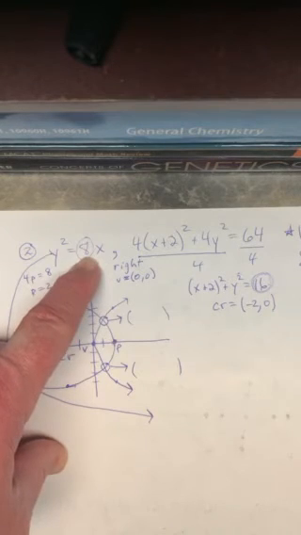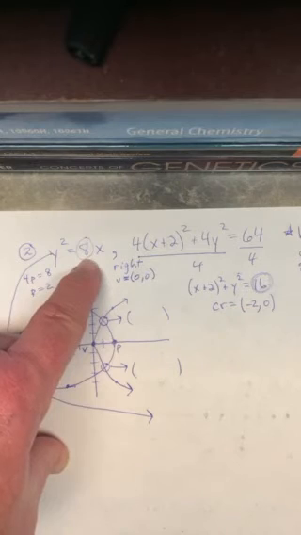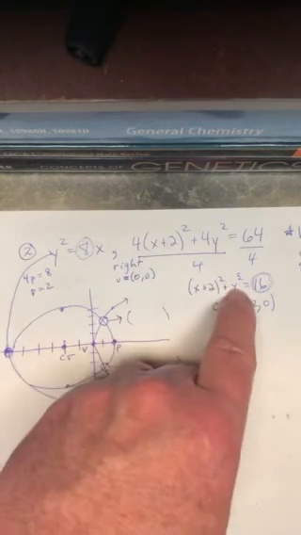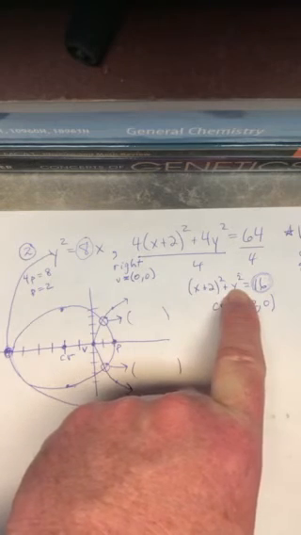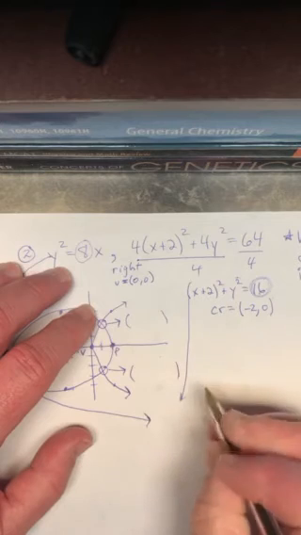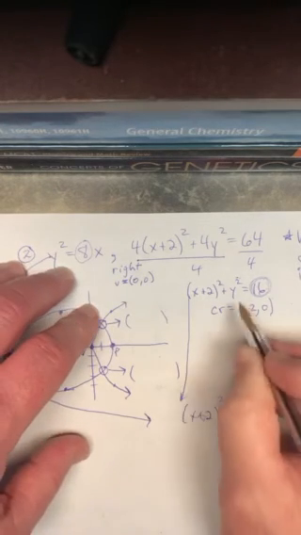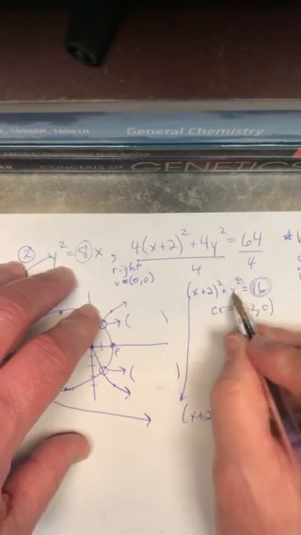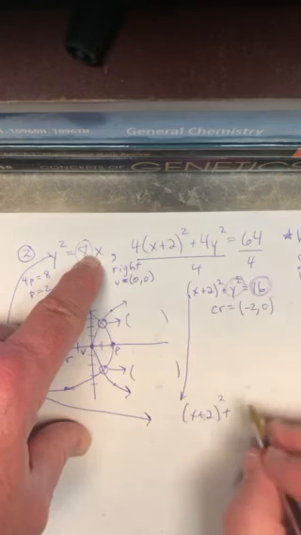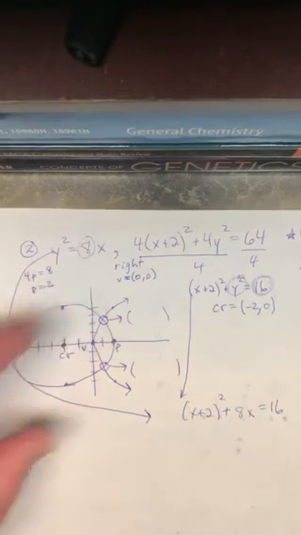Now think about it. Since y squared equals 8x, couldn't you take that 8x and put it in place of that y squared right there? This would end up saying (x plus 2) squared plus, and then it says y squared, but the y squared is equal to 8x. So it's getting replaced by 8x equals 16.